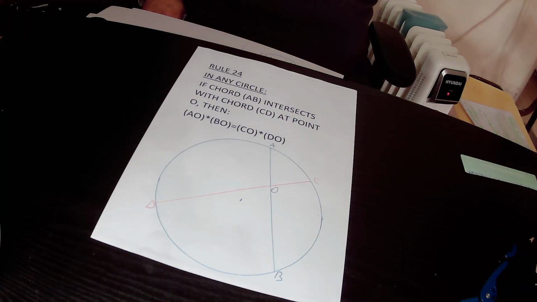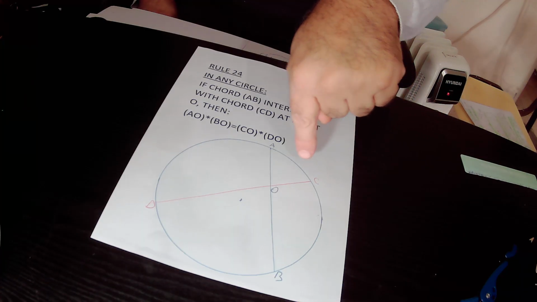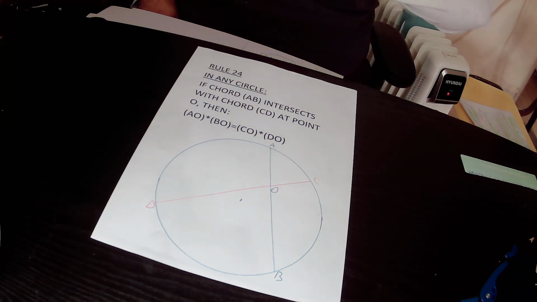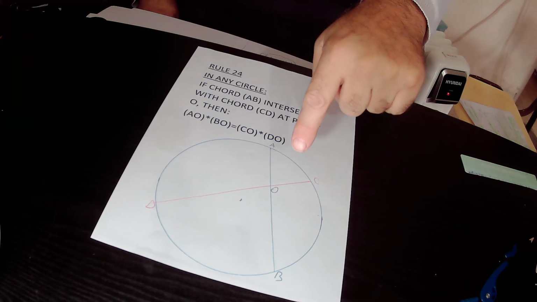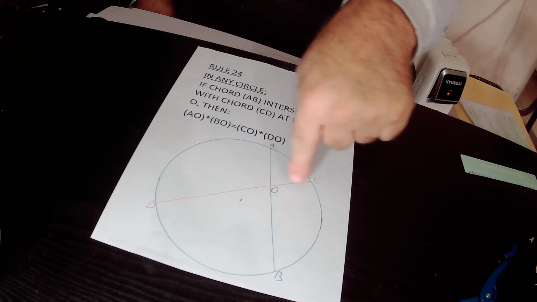In the drawing of a circle, this is chord AB that intersects with chord CD at point O. Whenever you have two chords that intersect with each other in a circle, AO times OB equals CO times OD. So we can actually implement rule 24 in our drawing.